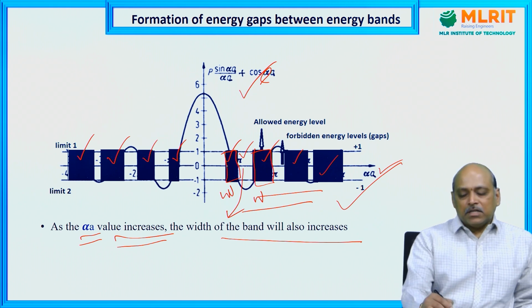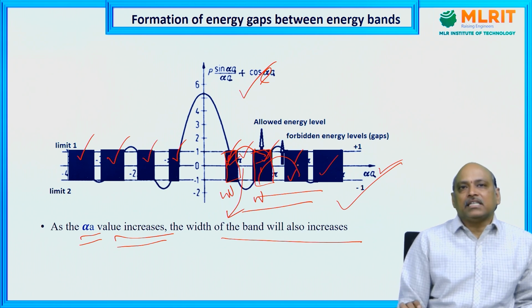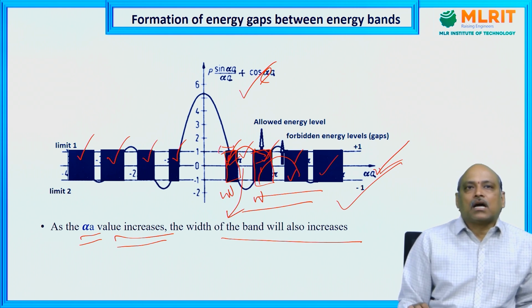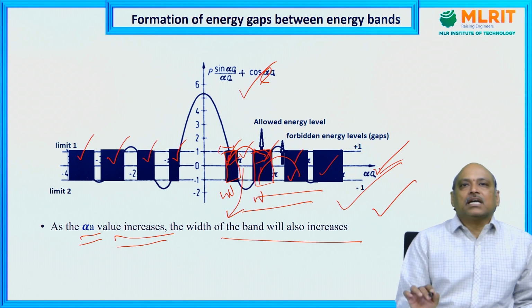Comparing this band to this band, the width is increased. This band to this band, the width is increased still further. As the alpha values increase, the width of the allowed energy bands also increases. So this is the second importance of the König-Penney model.